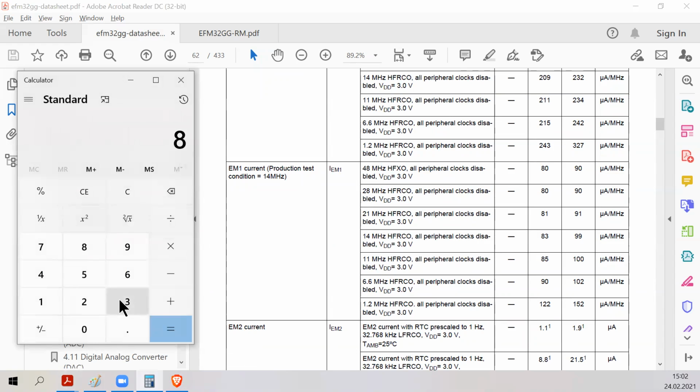So let's calculate 83 times, for example, 14 megahertz times 0.001 from microamps to milliamps. So approximately 1.15, 1.16 milliamps in energy mode 1. So from 3 to 1 milliamp, it's not such a big difference. So some people just don't use this energy mode 1 at all.